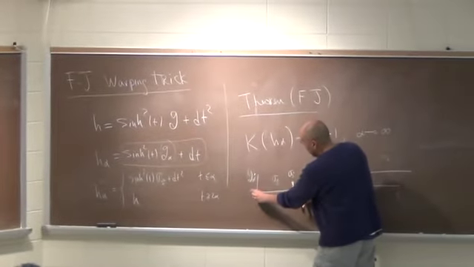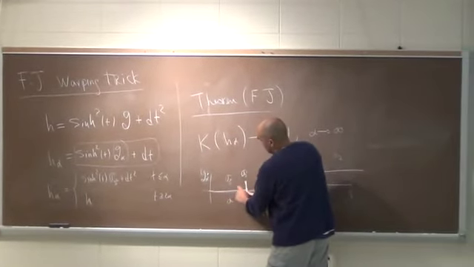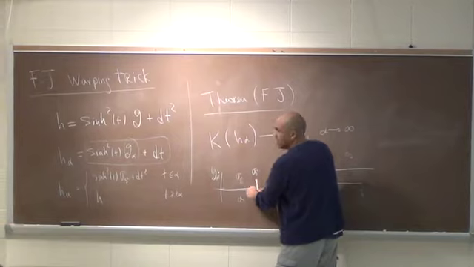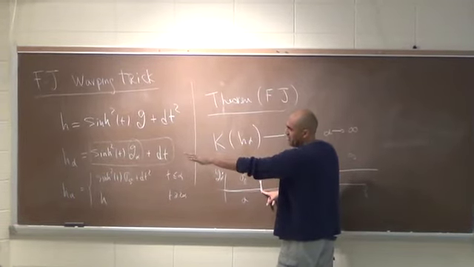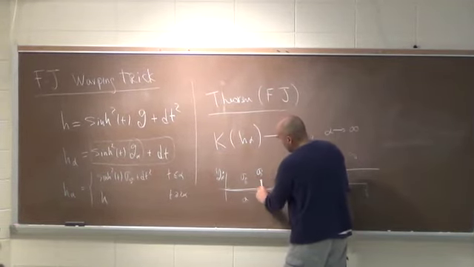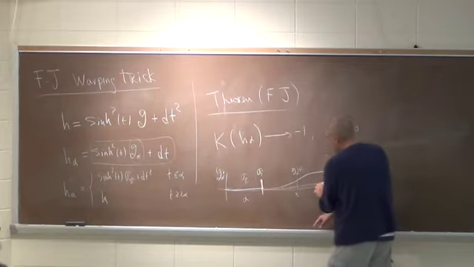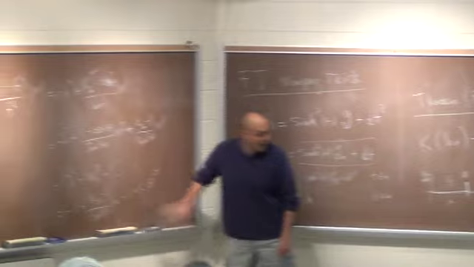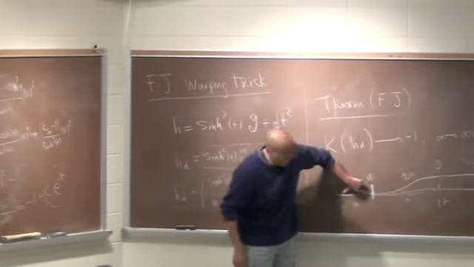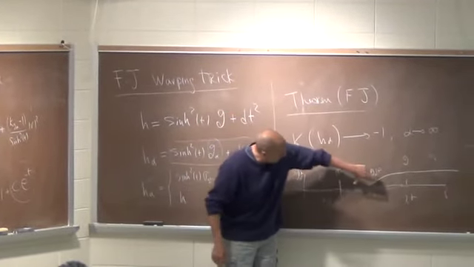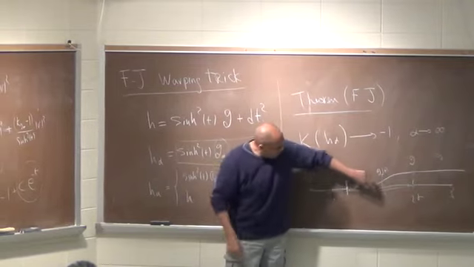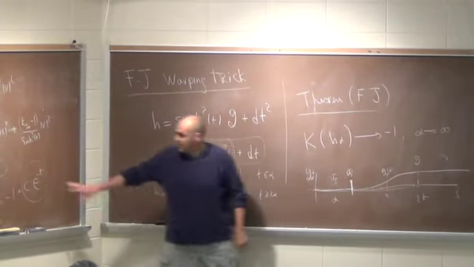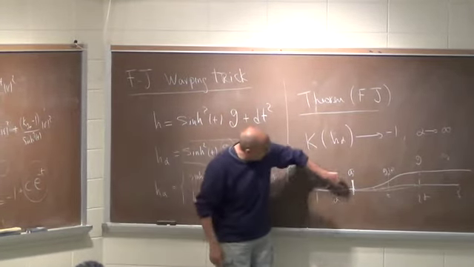Because here nothing happens because it's a round metric, so the error there is 0. But after here, you're going to get some things that are not 0. But you can make that small provided alpha is big. So you want this alpha to be big for the approximation, and you want this alpha to be big so that this is. It happens that here the alpha is the same.